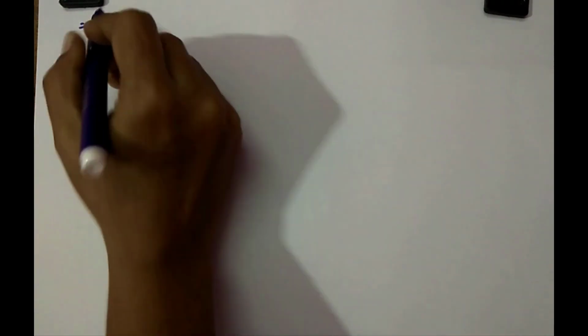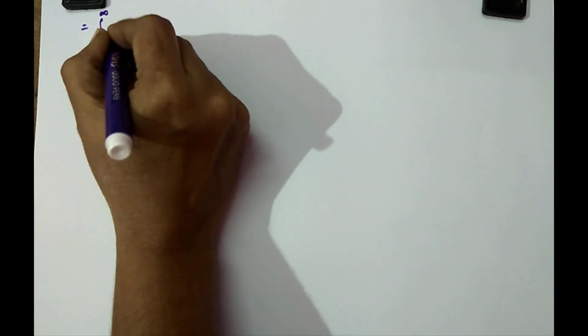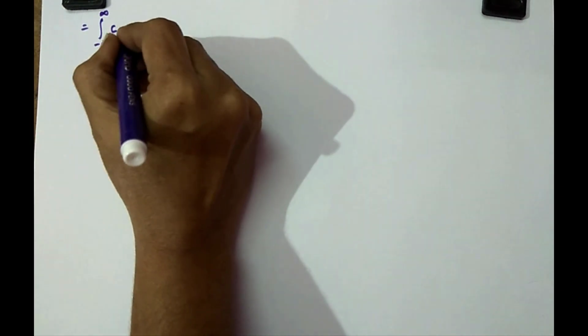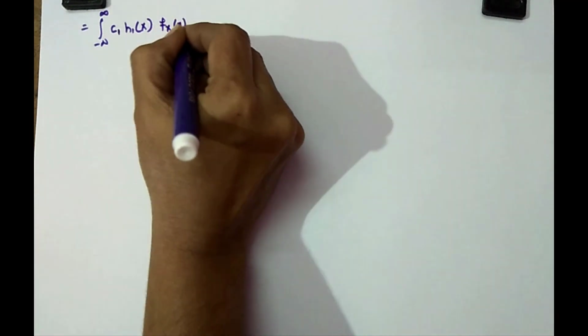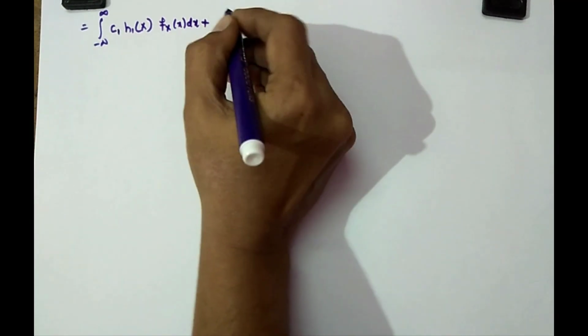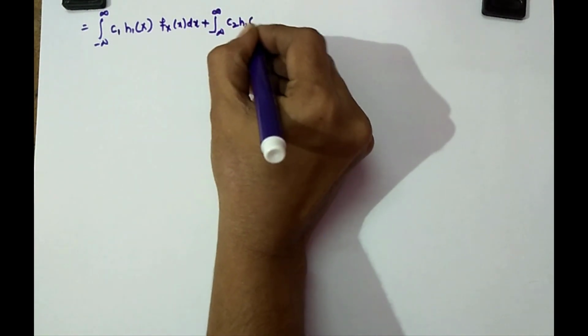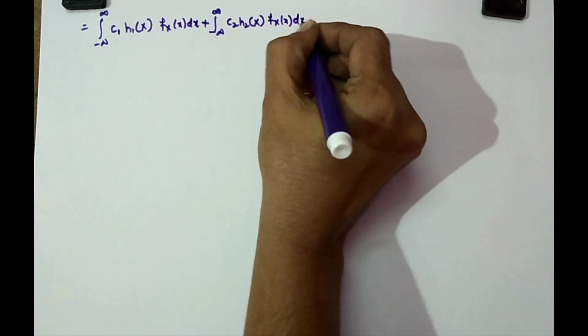You can separate the integration. Therefore, you're going to get integral minus infinity to infinity C1 into H1 of x into fx of x dx plus integral minus infinity to infinity C2 into H2 of x into fx of x dx.